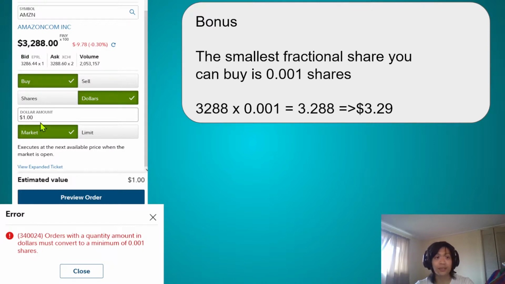If you tried to buy only a dollar amount of that at the market price, you'll get this sign: orders with a quantity amount in dollars must convert to a minimum of 0.001 shares. So if you want to buy that many shares, you would have to find out the price of 1/1000th of a share of Amazon, which would be roughly $3.29. So if you want to buy Amazon, the smallest amount you could buy would be $3.29.